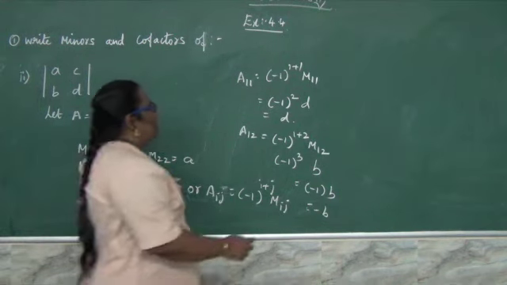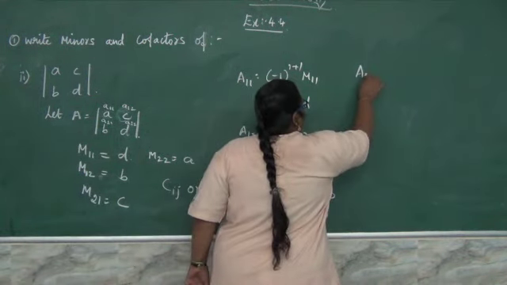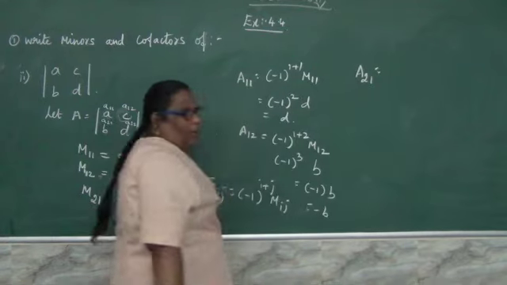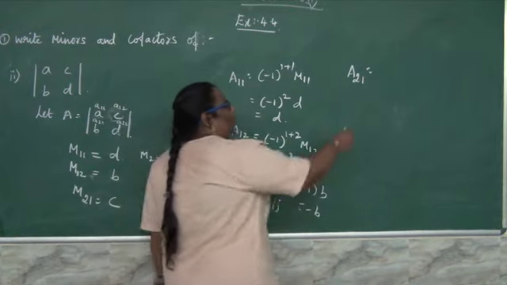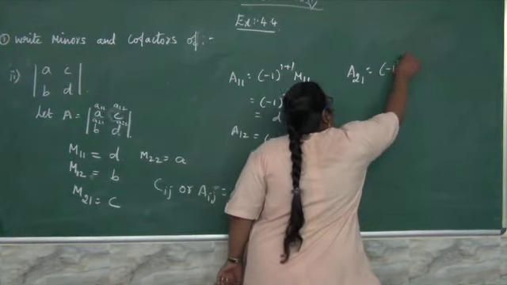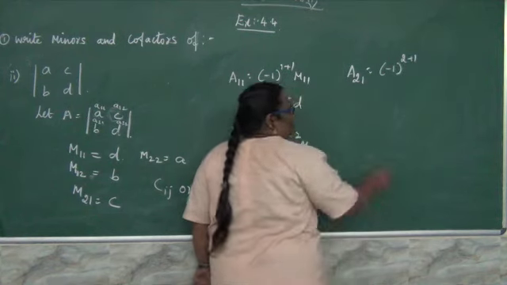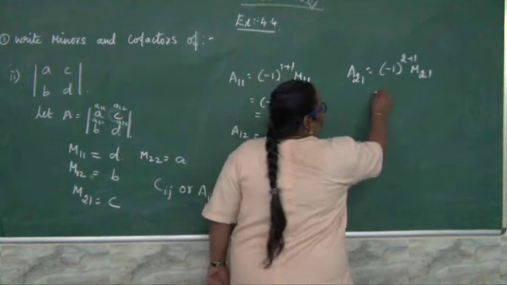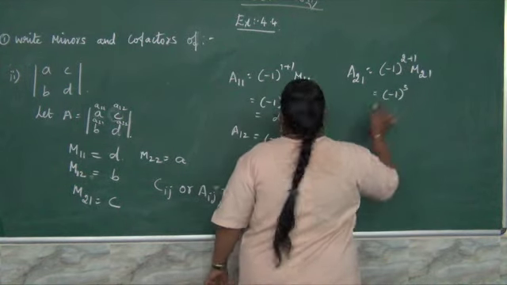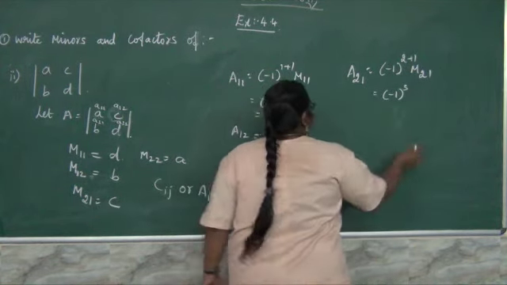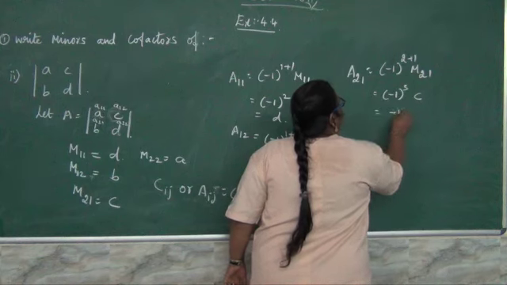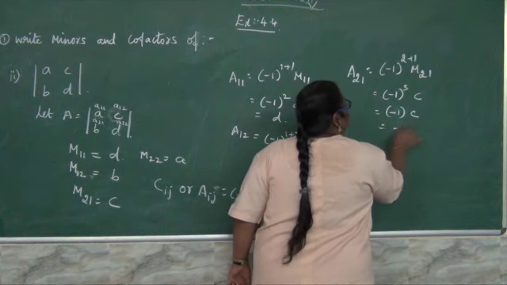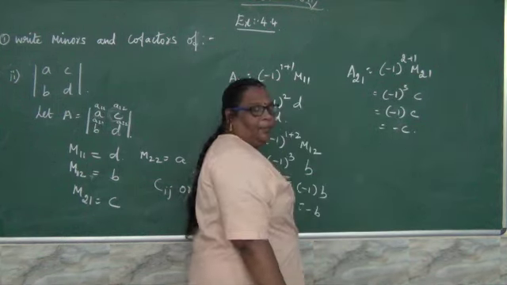Next, A21 equals minus 1 whole power 2 plus 1 into M21, minus 1 the whole cube. M21 is c. So it gives minus 1 into c, and the answer is minus c.